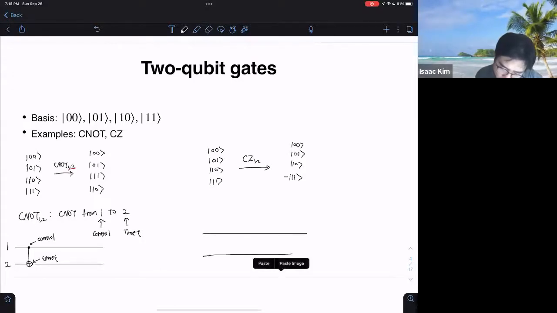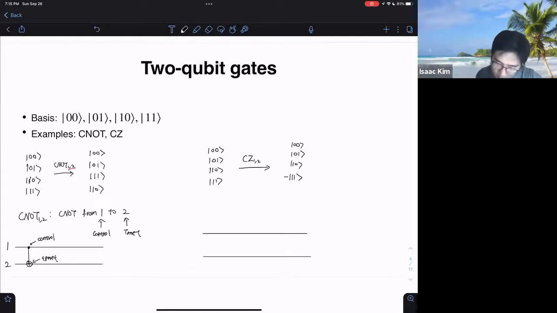Another interesting difference between the C naught gate and the CZ gate is that the CZ gate is actually symmetric under the exchange of the two qubits. You can clearly see this from this table. So even though I wrote this down as CZ 1, 2, this is clearly equal to CZ 2, 1.